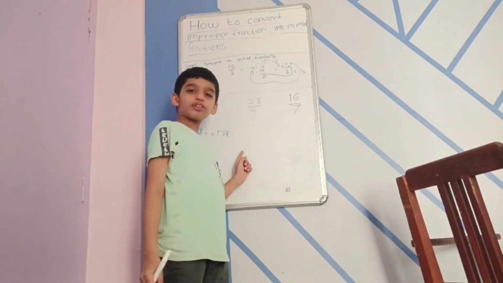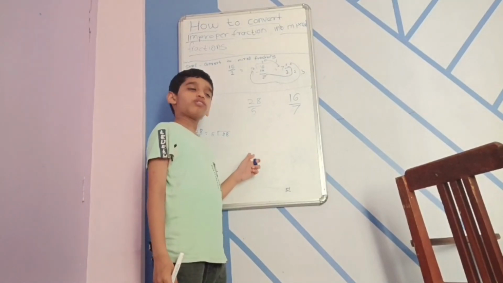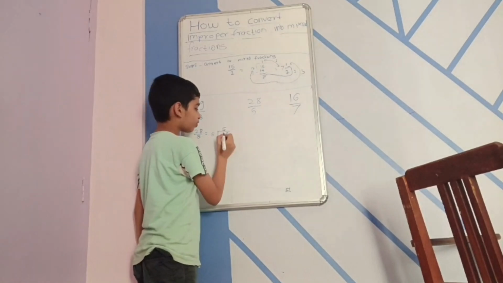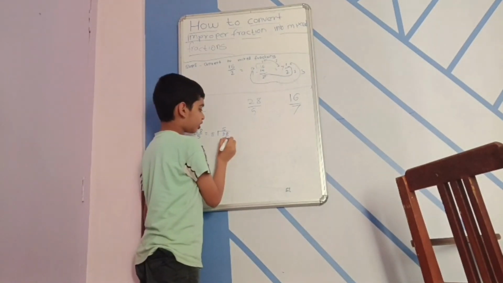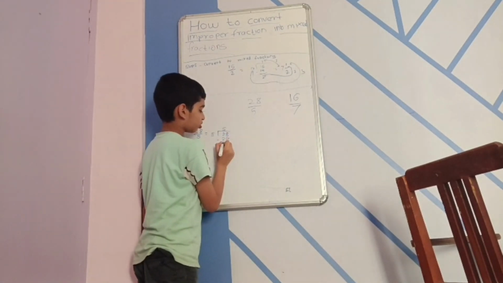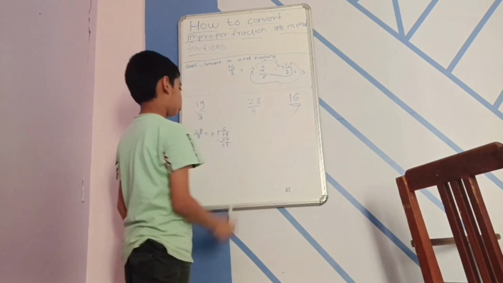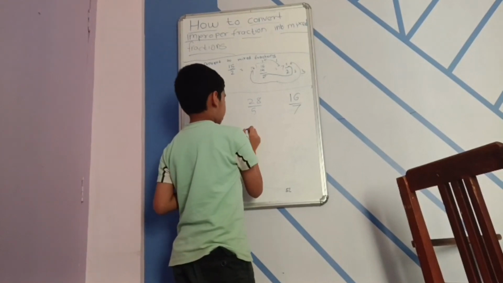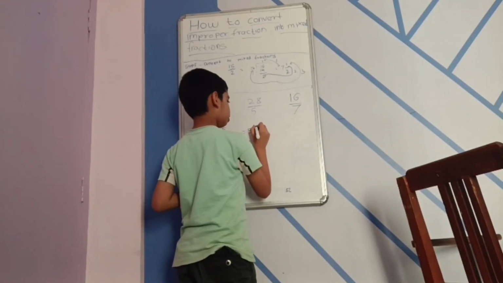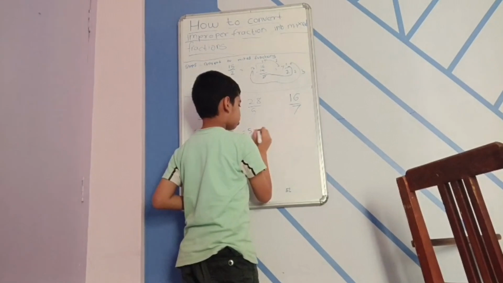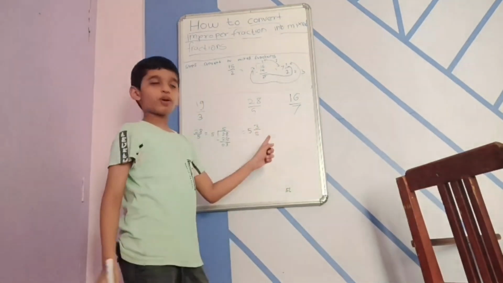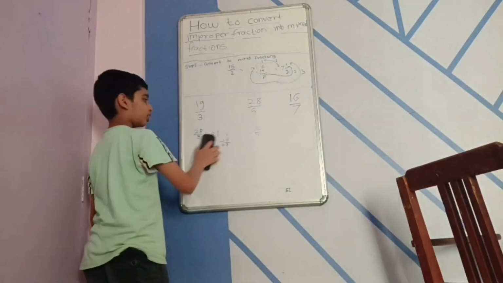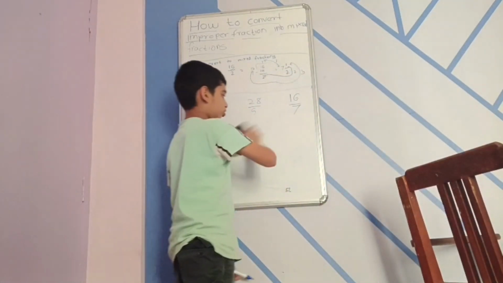Now 28 is not in the table of 5, so you write 25, 5 fives are 25, and the remainder is 3. So the answer is 5 whole 3 upon 5.